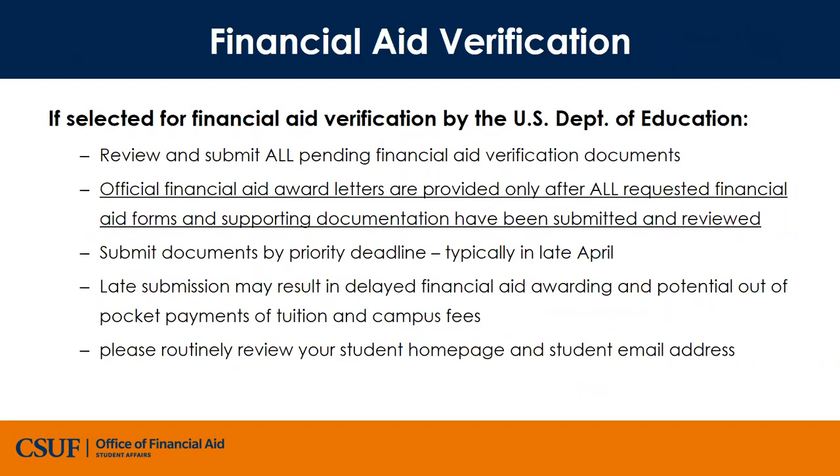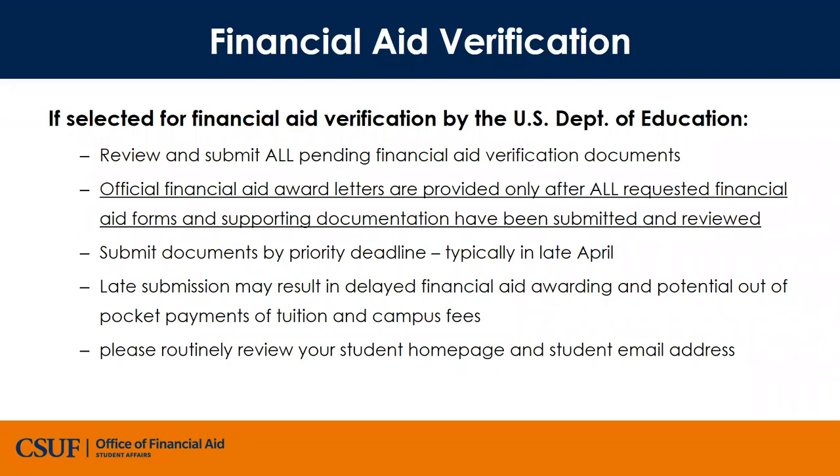If selected for financial aid verification by the U.S. Department of Education, please review and submit all pending financial aid verification documents. Additionally, please note that official financial aid award letters are provided only after all requested financial aid forms and their supporting documentation have been submitted and reviewed. For students with pending financial aid documents, you will see a priority deadline listed, which is typically in late April.